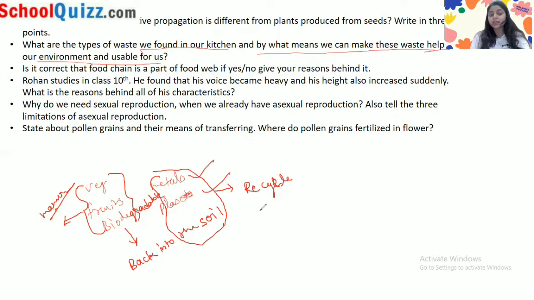Suppose a used metal can goes back into the factory; they make a new metal can from this waste, and this new metal can will be used further. That's how the recycle chain works, and that's how we can use non-biodegradable waste for environment-friendly purposes.